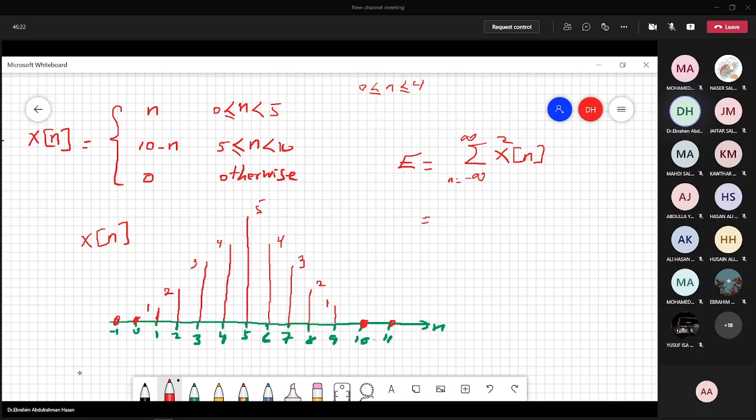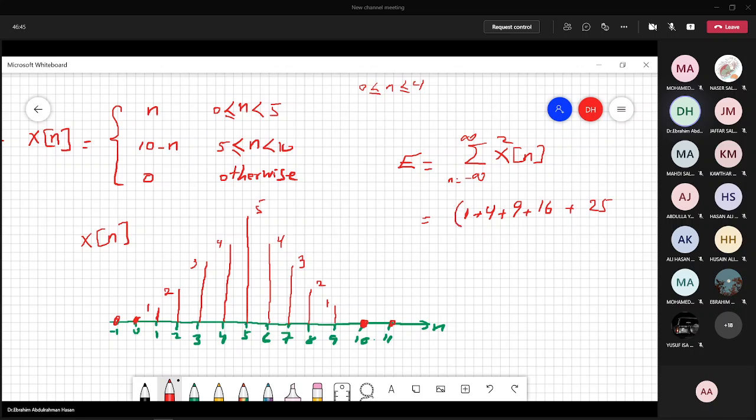So then it is equal to 1 square 1 plus 2 square 4 plus 3 square 9 plus 4 square 16 plus 5 square 25. لاحظ هني. So we are repeating this one: 4 square, 3 square, 2 square, 1 square.